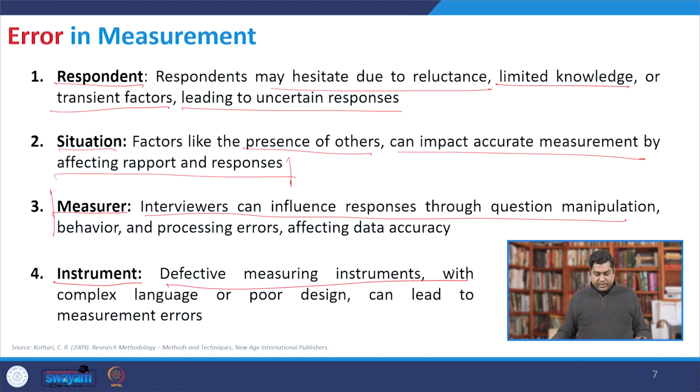So a defective measuring instrument with complex language or poor design can lead to measurement error. My suggestion is that if you are using certain measurement tools like electronic devices, go through the manuals, try them with some test data, and then finally calibrate and use them.